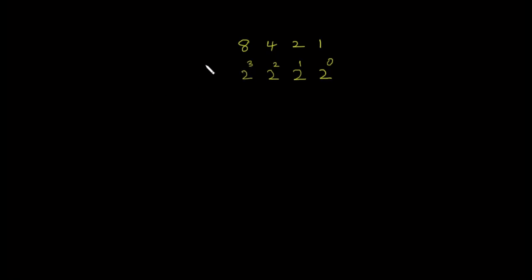And this continues. For example, this is 16, which is 2 power 4. The face value of the next position is 2 power 5, which is 32. 2 power 6 is 64, and so on. It continues like that.